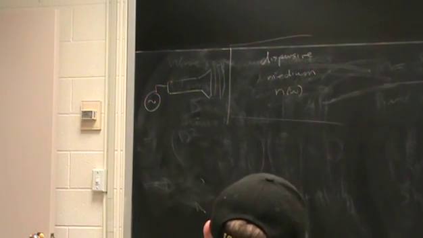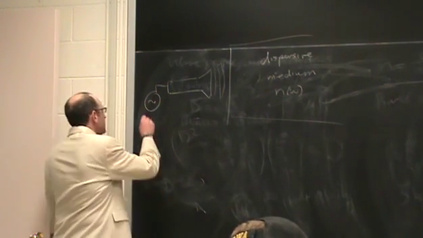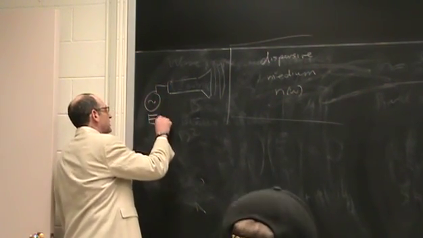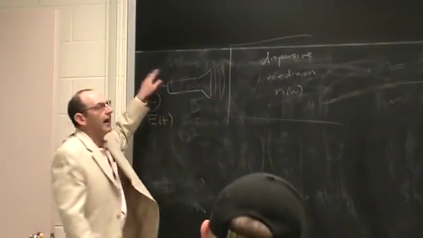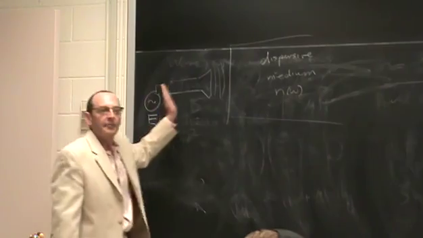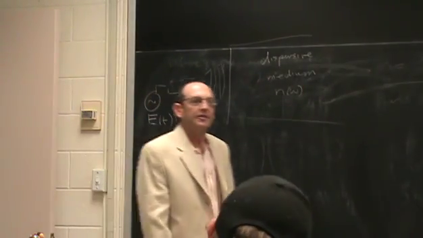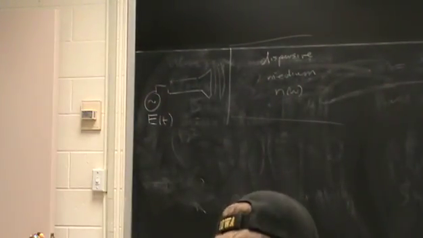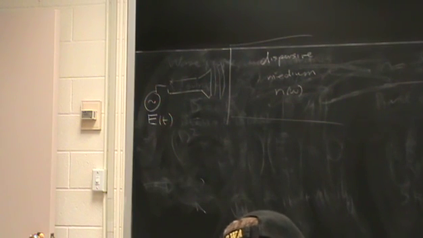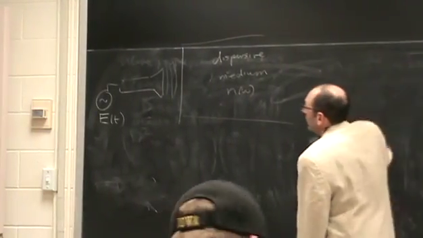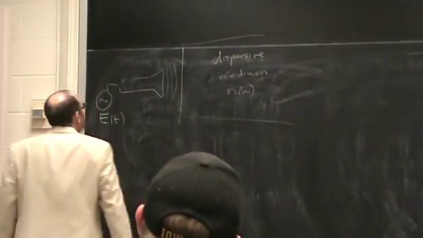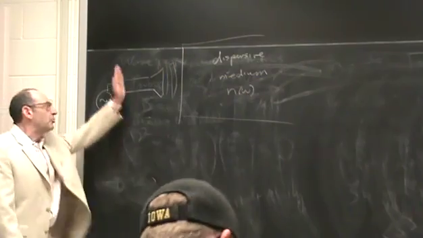And I want to know how I send in some pulse, which is determined by some generator that makes some electric field that does something as a function of time, and then it propagates into the medium. And I want to solve for what that pulse propagation is. I'm just going to ignore the vector nature and assume a single polarization.